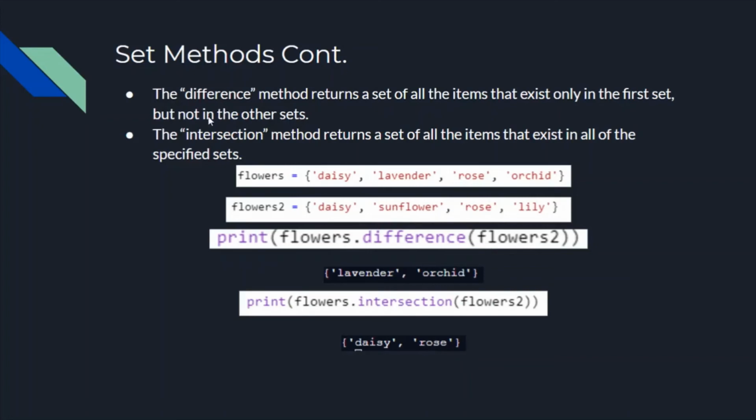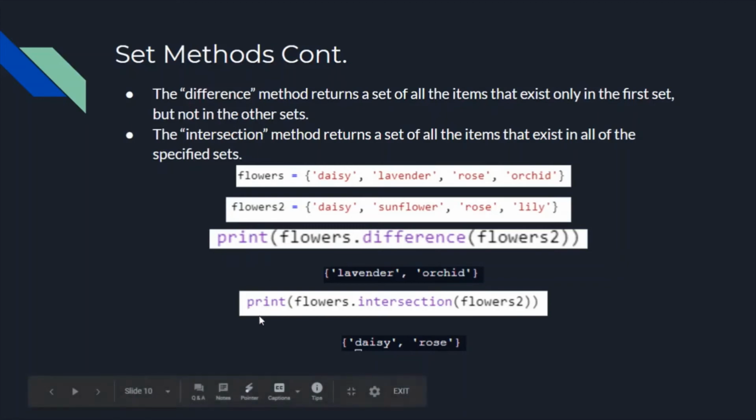The intersection method returns all of the items that exist in all of the specified sets. For this method, it does not really matter which set is first or second.